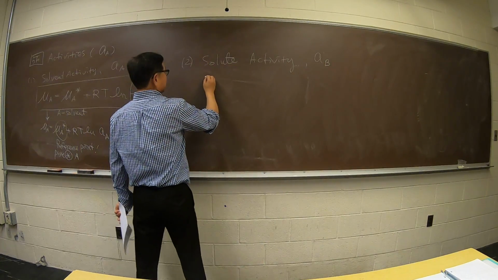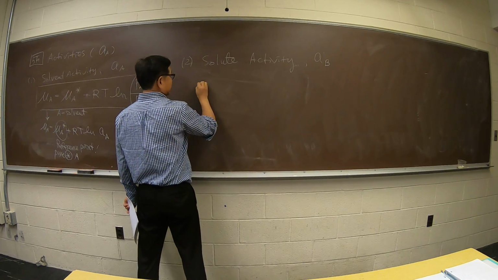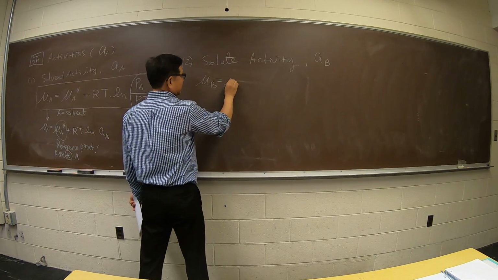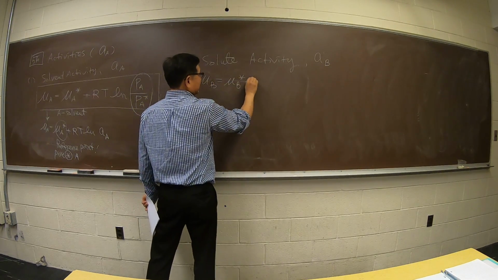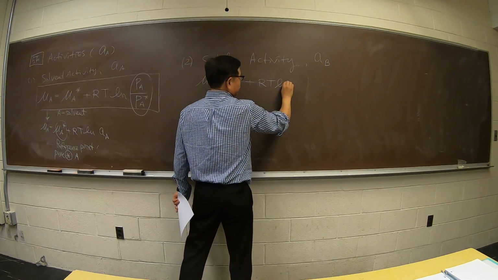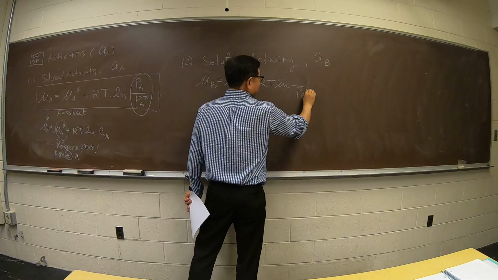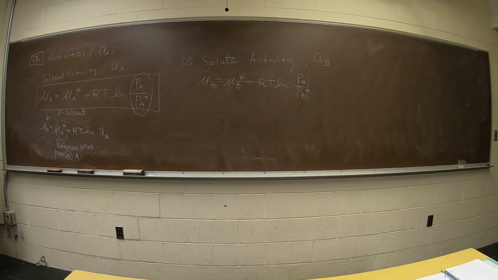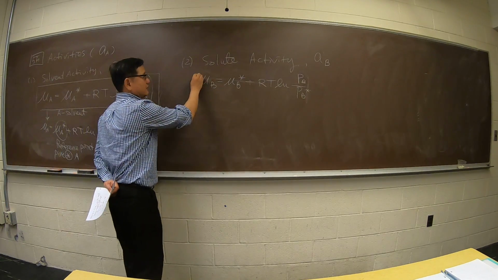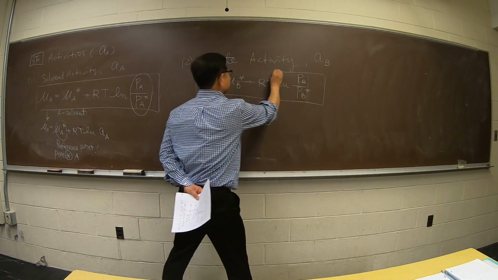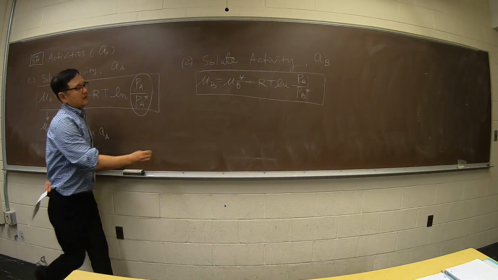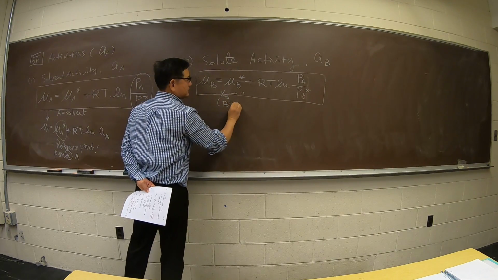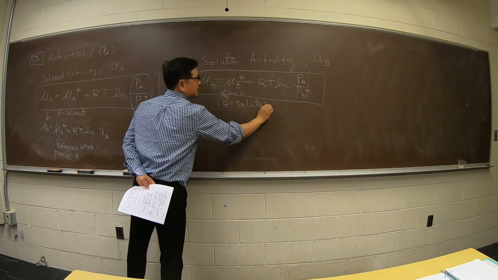So now, if I just write the equation, it's a B. This one is always true. I mean, everything was described in measurable values. So B is now, XB goes to 0. B is the solute. This is a case.